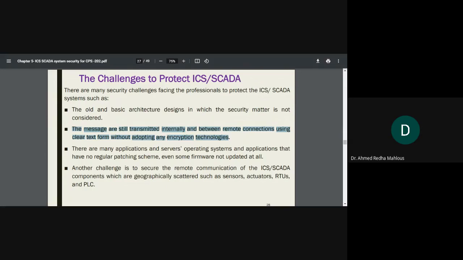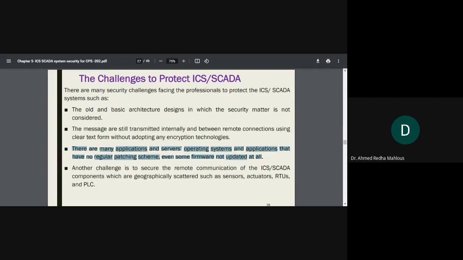Maybe the devices that are part of that ICS SCADA system are not compatible. They cannot use the latest encryption technology, for instance, because of the limitation of their hardware. Sometimes you do have a problem with unpatched operating systems and applications.